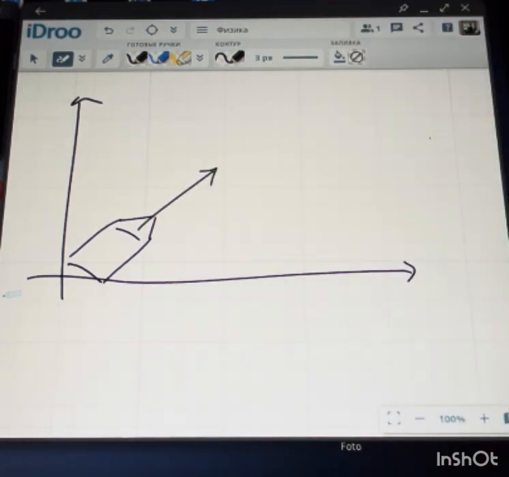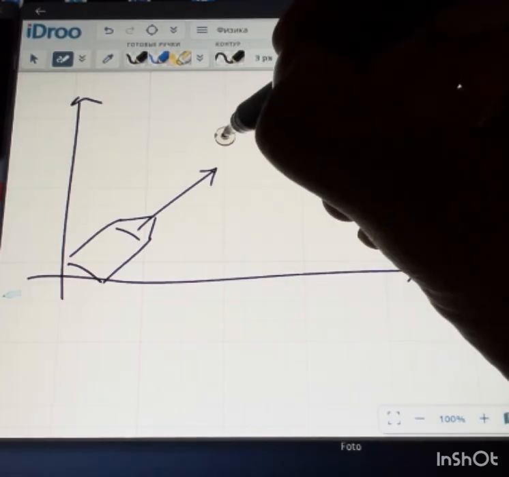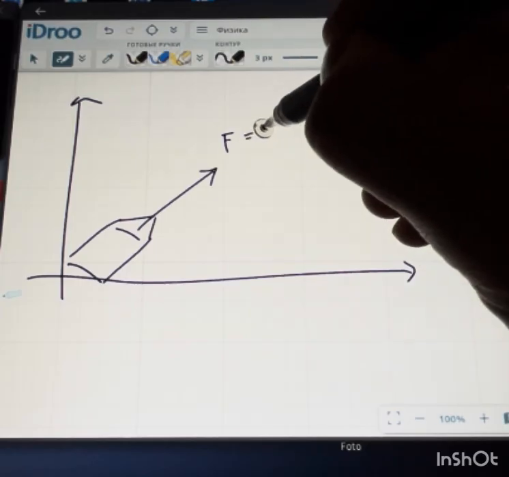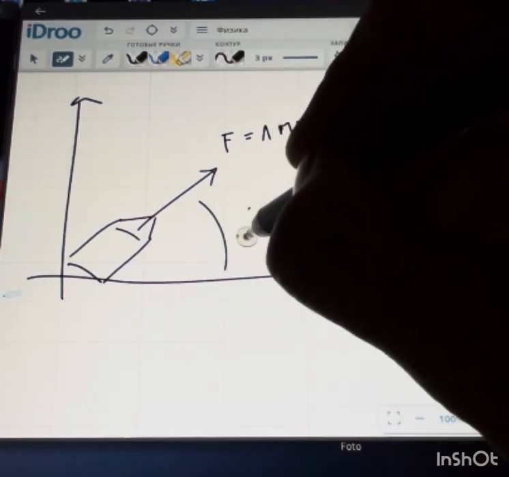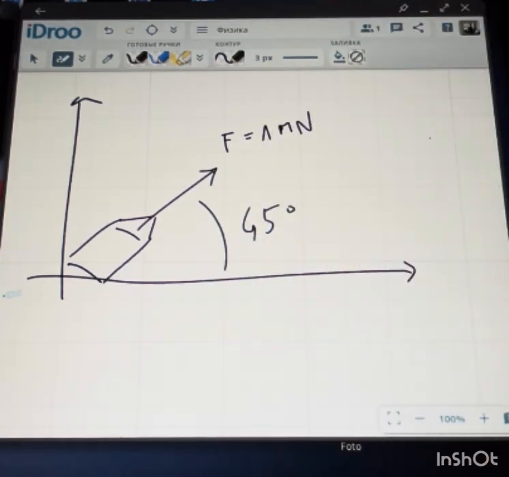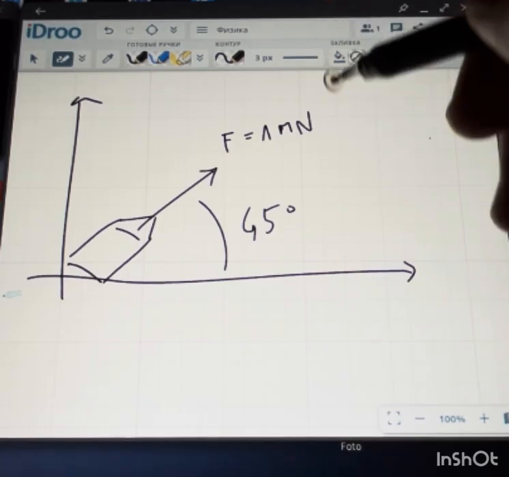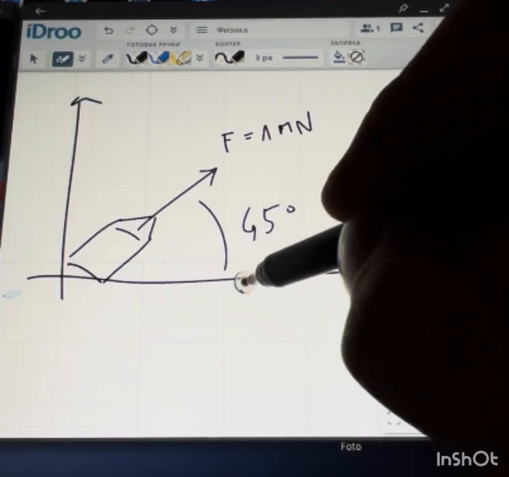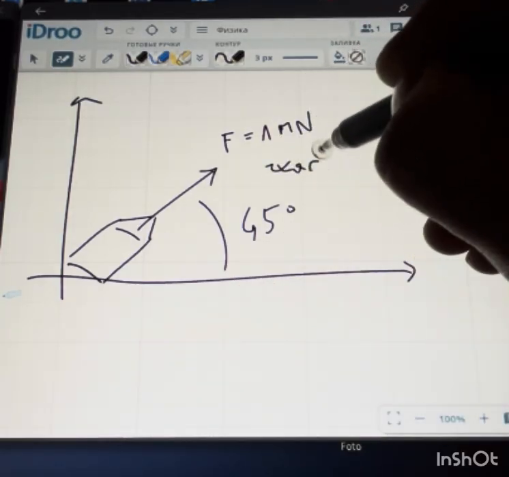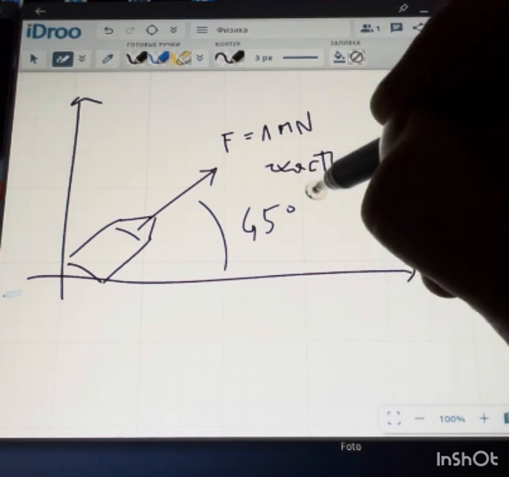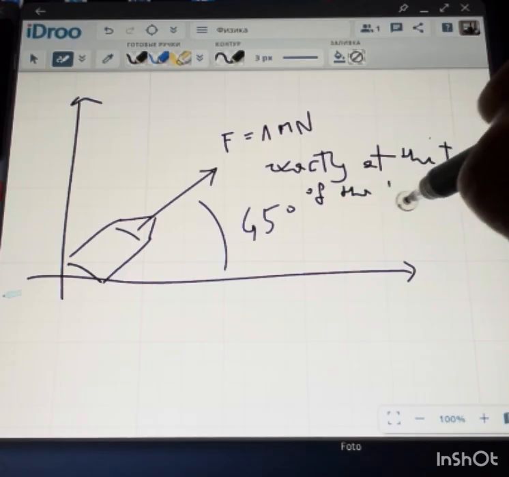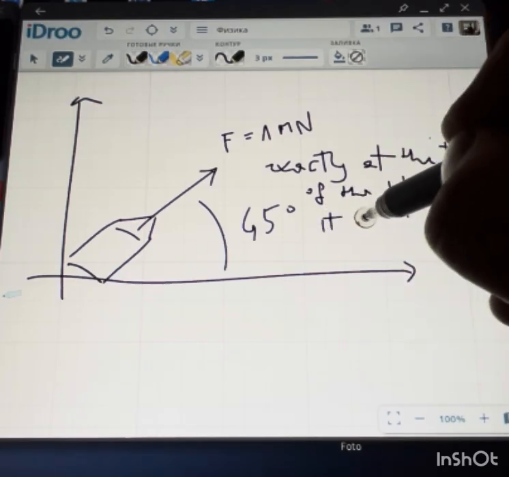I won't make it very complicated, so the engine applies a force of, let's say, 1 mega Newton at 45 degrees. Exactly. At the top of the parabola, it switches off.